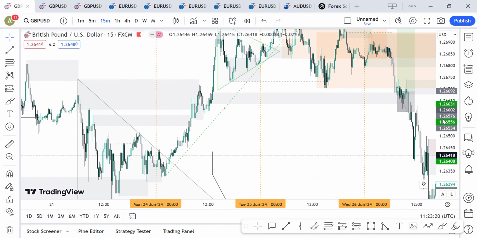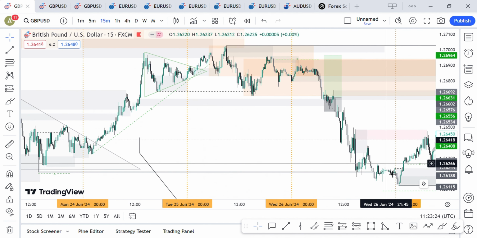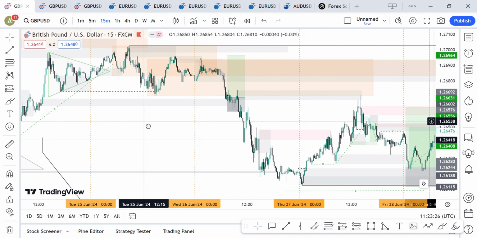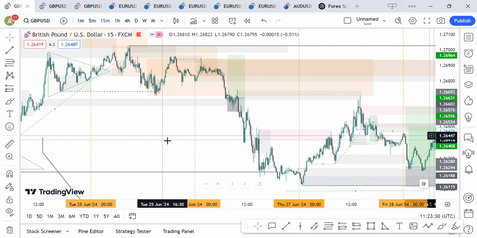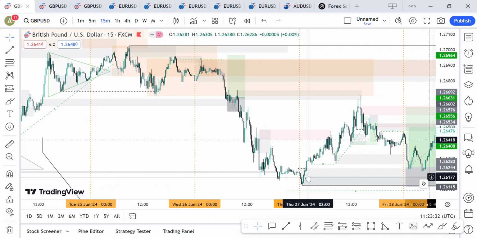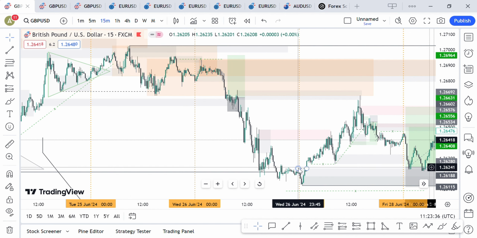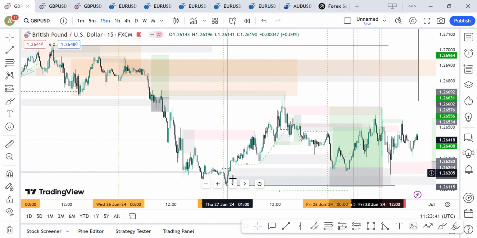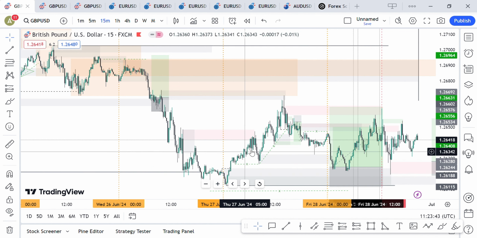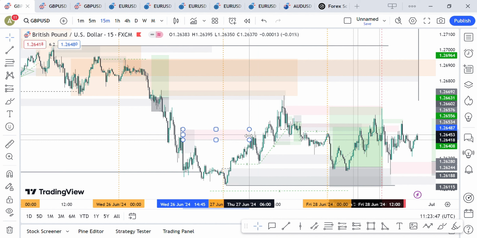I didn't have that bigger picture. I forgot that I actually expected price would go down, and I didn't expect it to break the structure on the 15-minute. As you can see, after the break of structure on Thursday, we had a change of character right here, and into that change of character, I saw the price going up and coming to this 5-minute POI.